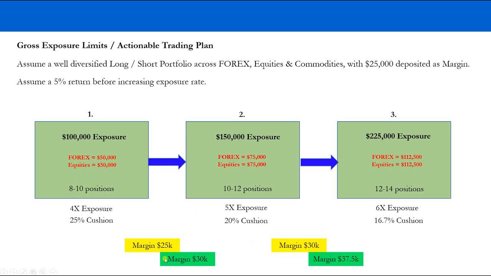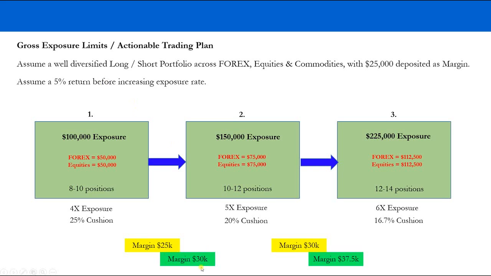And then we're increasing our margin from $25,000 to $30,000 because we've made $5,000. So the margin in your trading account gets credited as you're making money. And this happens at the end of every day. Your account is either credited or debited, your margin balance, depending on whether you make or lose money.